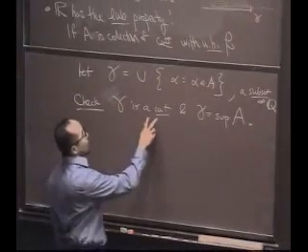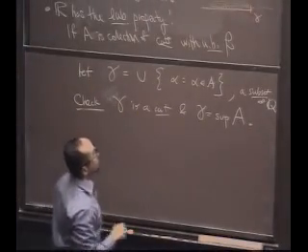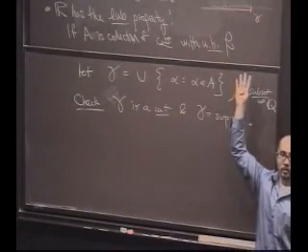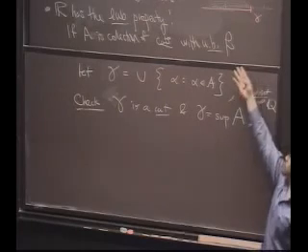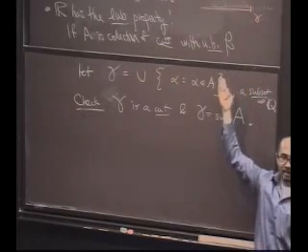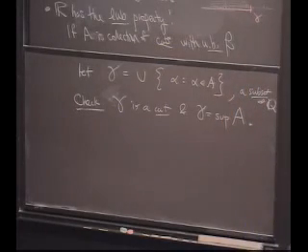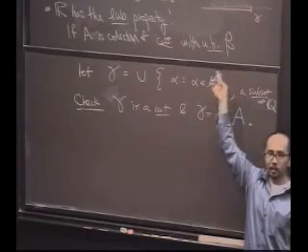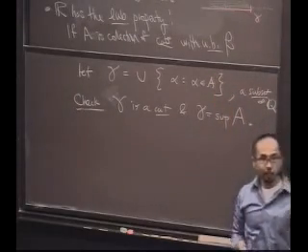First of all, why is gamma non-trivial? Can you see why gamma isn't empty? It contains a bunch of alphas, each of which is not empty. Excellent. Why is gamma not everything? Because there's an upper bound. Notice if there wasn't an upper bound, gamma might have been everything.